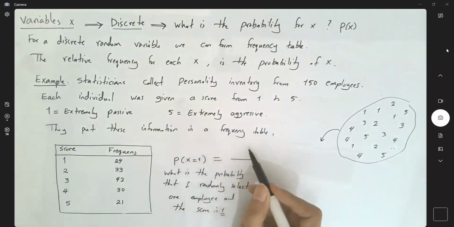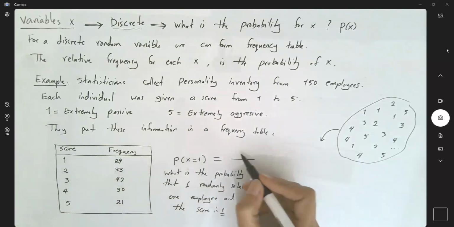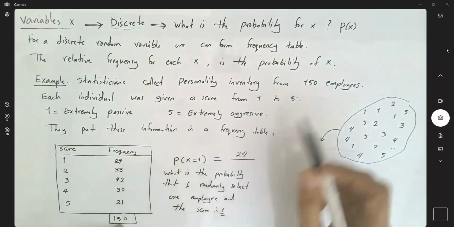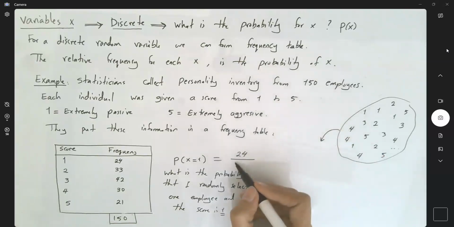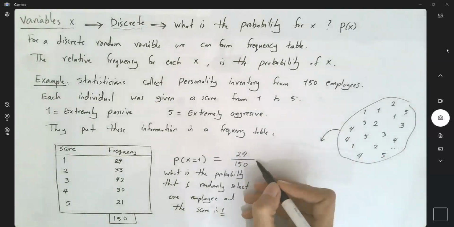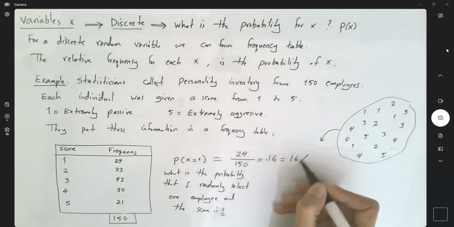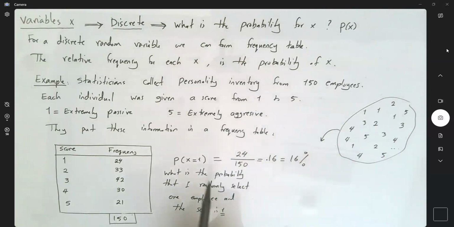On top of the fraction, we're going to have the size of score 1, which is 24. Out of how many? If you add this together, you're going to have 150 employees, 150 responses. So divided by 150. If you do that, the probability is 0.16 or 16%.